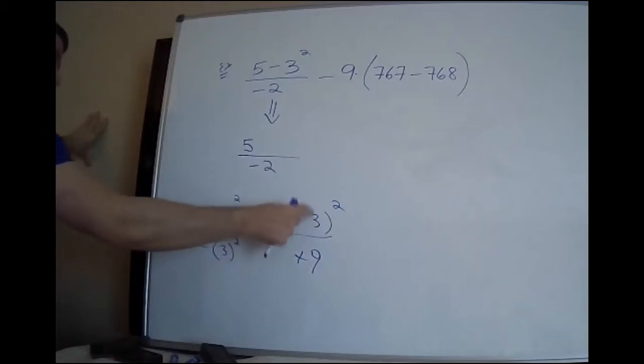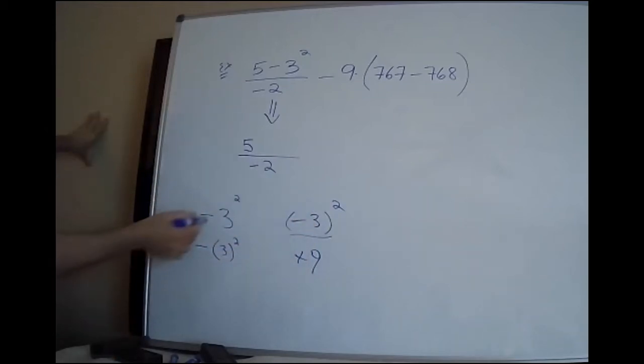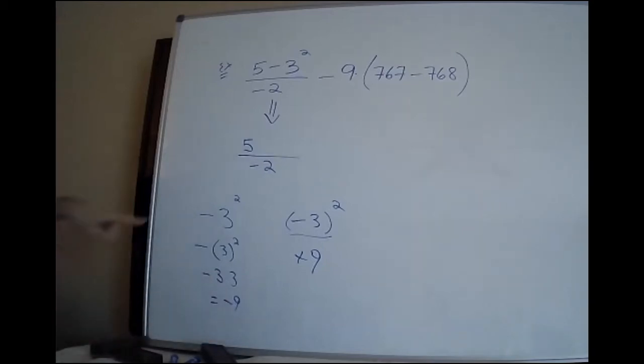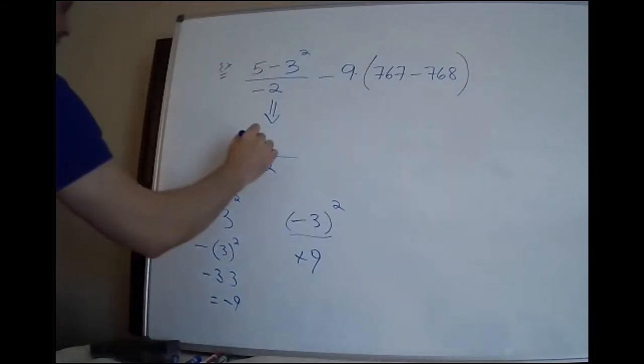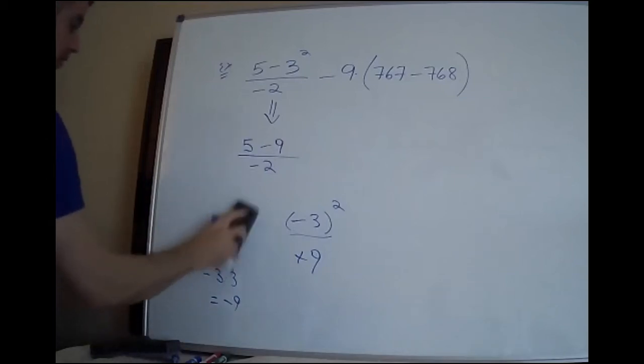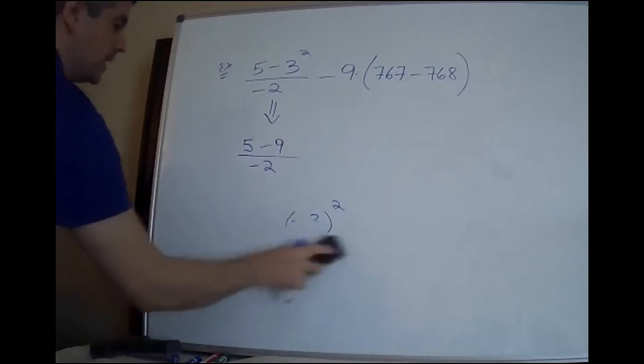This negative and 3 are attached together here. Here they're not. Here the 3 is getting the power. The negative is not getting the power. Here the negative is getting the power. So this one is -3 times 3, which is -9. Very easy mistake to make. This is very, very tricky. So you have to be very careful. So this is -9.